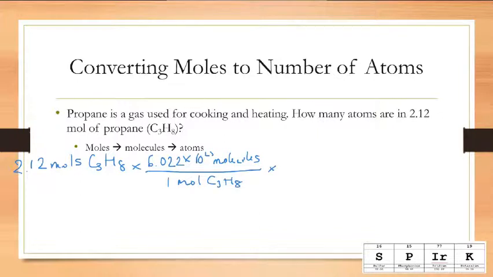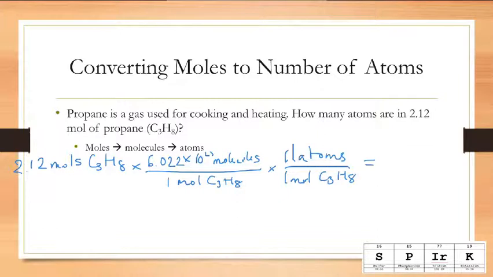And now we want to go from molecules to atoms. If we add up the number of atoms per molecule of propane, there are 3 carbons and 8 hydrogens. So there are 11 atoms per 1 molecule of C3H8.